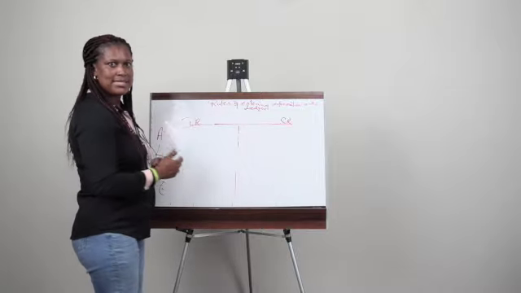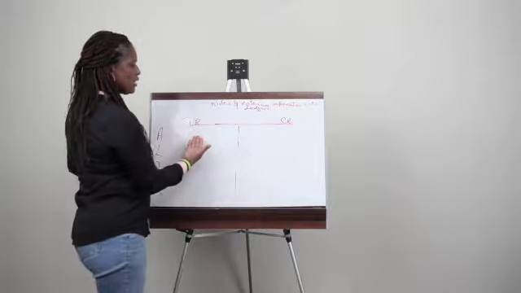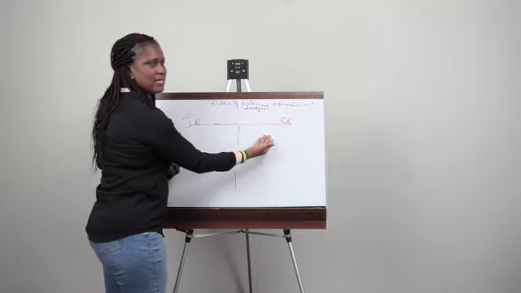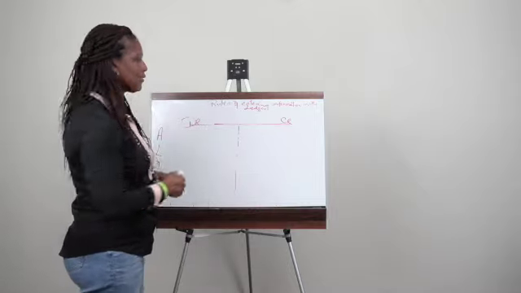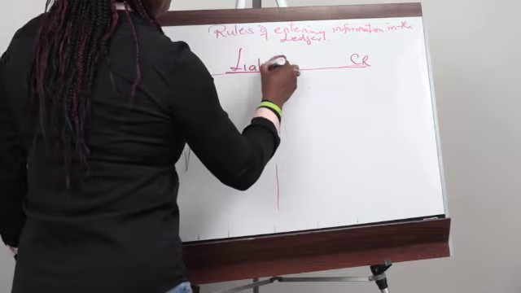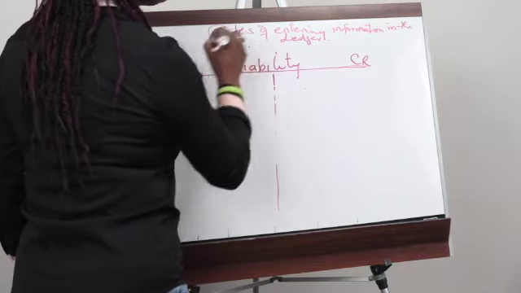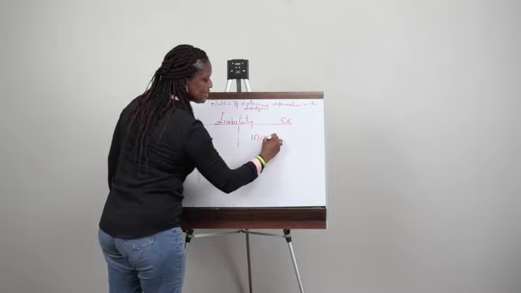So our liabilities, if our assets are things that we own, and to increase it we will debit, to decrease it we credit. When we owe people, it will be the opposite. So for a liability account, to increase liability, we credit.